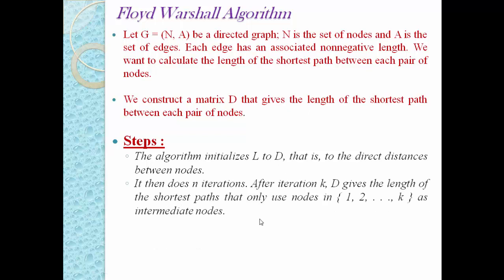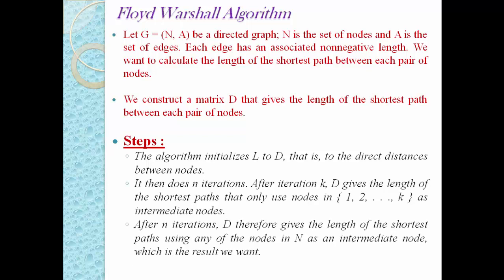Step number 2, it then does an iteration. After iteration k, D gives the length of the shortest path that only uses nodes 1 to k as intermediate nodes. This is the basic concept of the Floyd Warshall algorithm, in which we consider every node as an intermediate node to identify the shortest path from one node to another node.